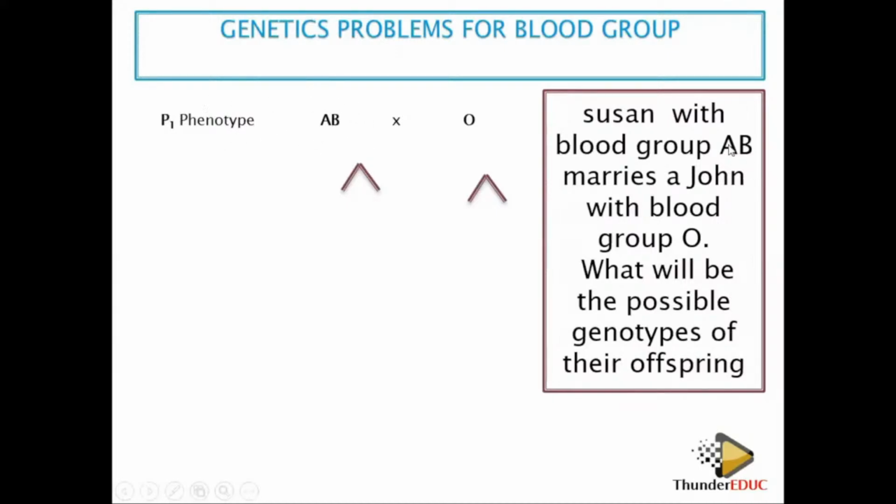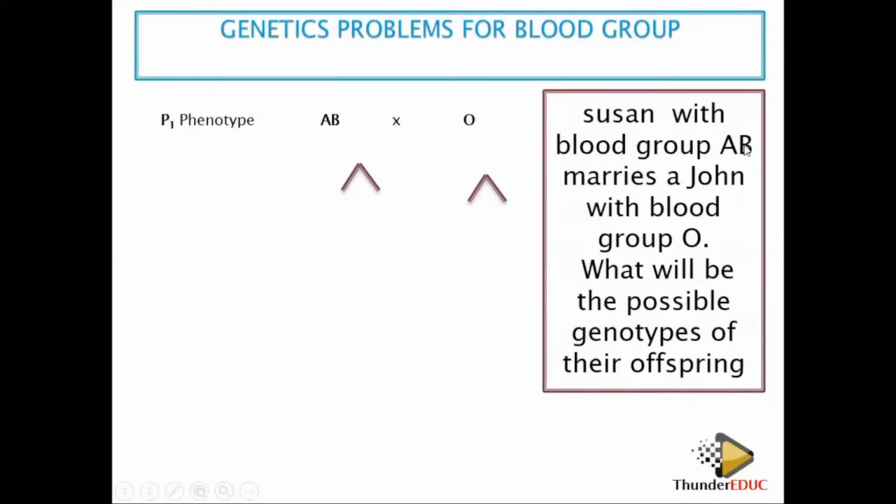Always the phenotype is obtained from the question. Look at the question, read it nicely, you'll find the phenotype there. So Susan of blood group AB marries, cross means marries, John of blood group O.